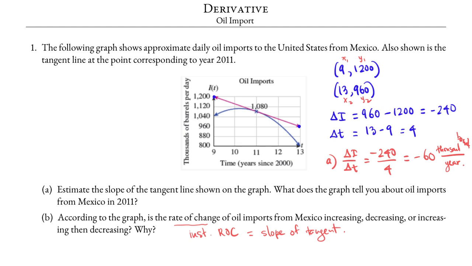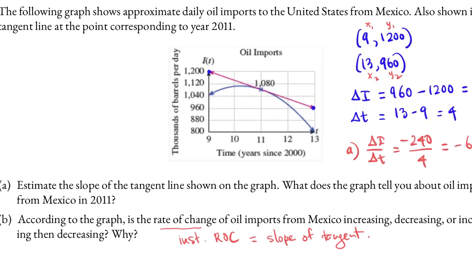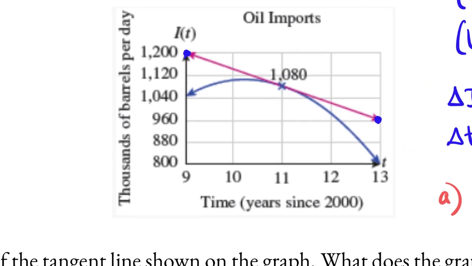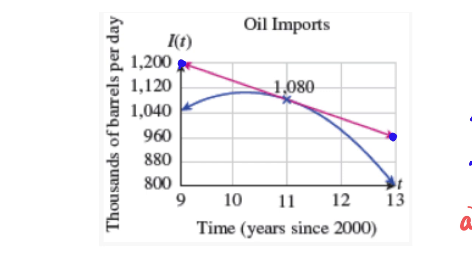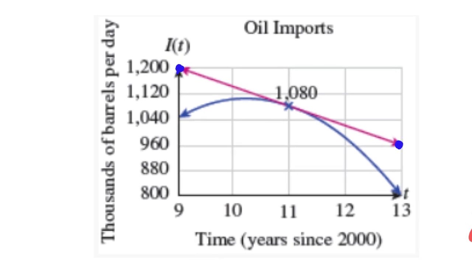And so to answer this question, we will need to look at the slopes of the tangent lines as we move from the left to the right on the graph. If we attempt to estimate the slope of the tangent line starting at t equals 9, then we will draw the tangent line to the curve, and we see that these tangent lines are getting less steep.